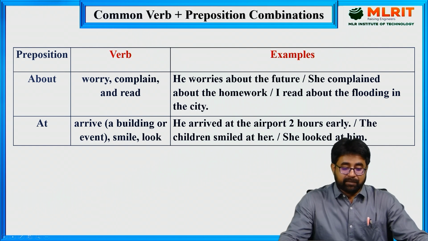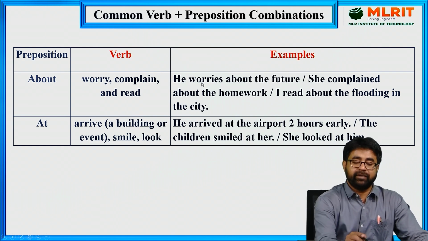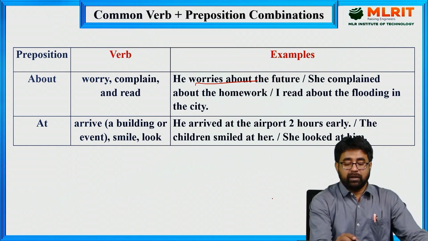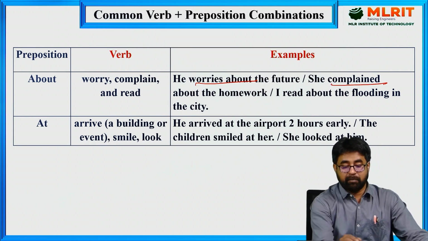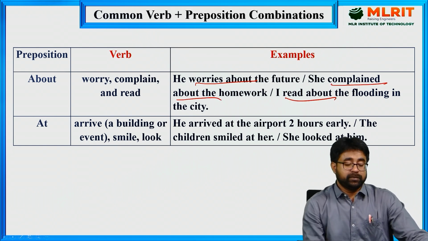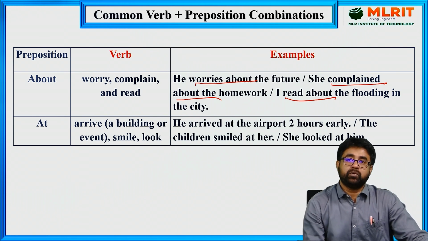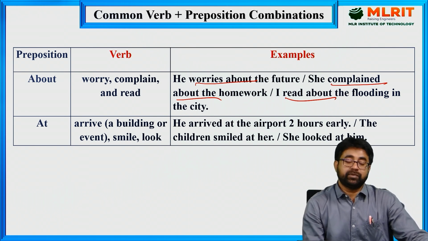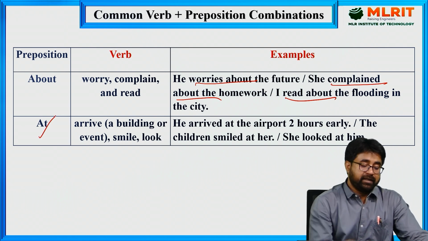See the example sentence: He worries about the future. Here you can see worries about, and then complain about, read about. If you remember these, it becomes easier to be correct while using prepositions. Now the second example is at.